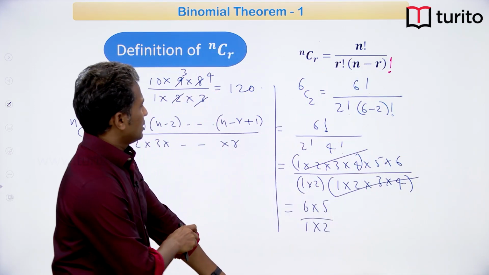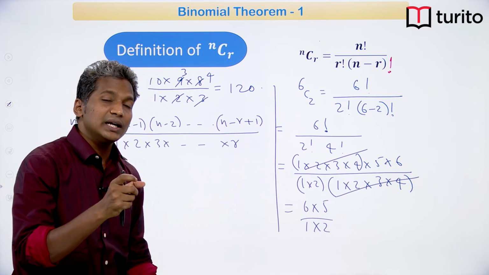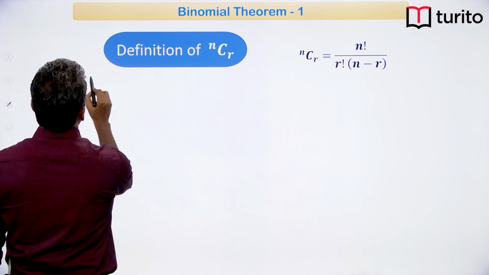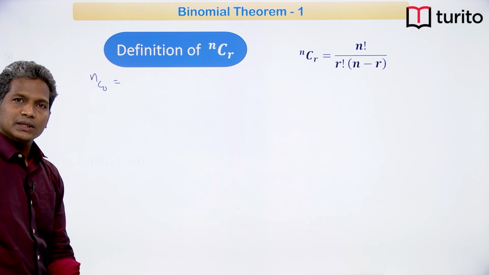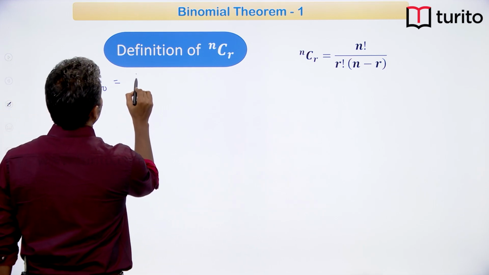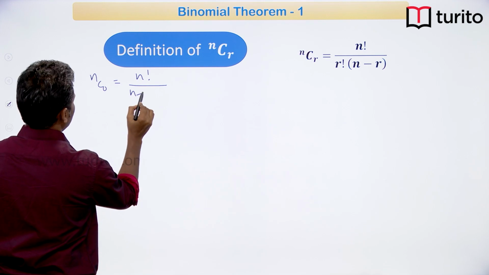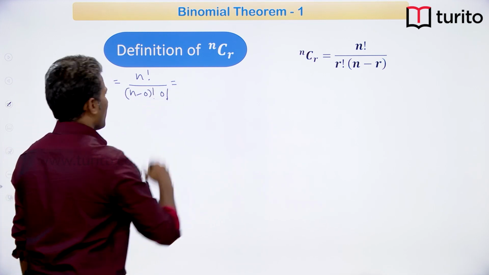Now let us look at some examples which are going to help us in understanding the pattern of nCr also. Suppose let us say I take nC0. So this nC0 is going to give me n factorial divided by n minus 0 factorial into 0 factorial.